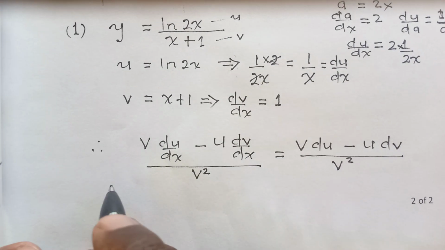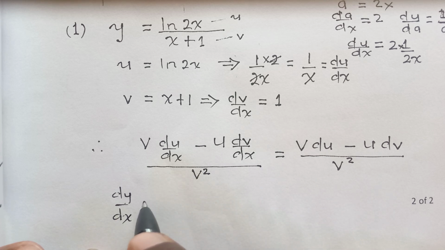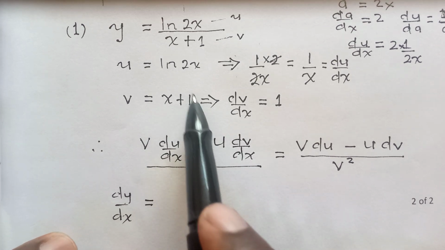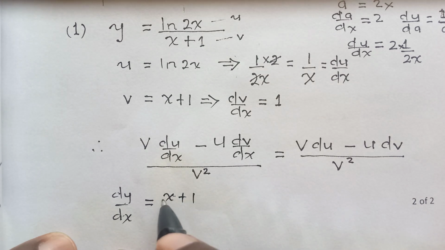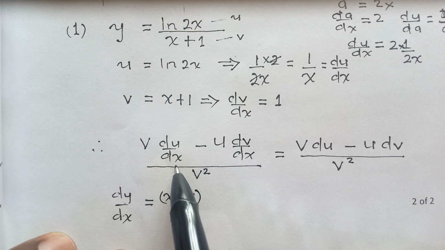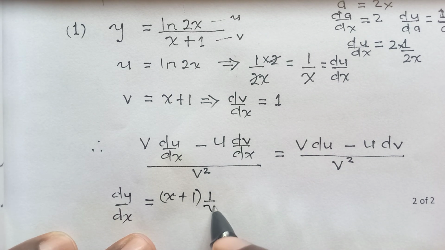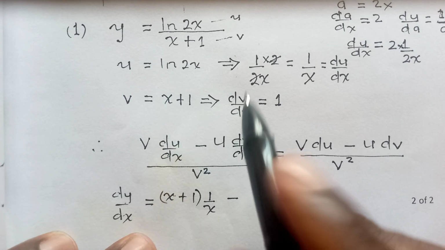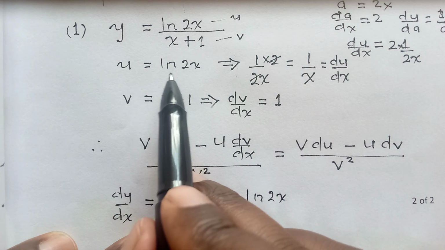Our dy dx will be, our v is x plus 1. du dx is supposed to be 1 over x. This is 1 over x minus, we now come to u. u is natural log of 2x, and it is here.